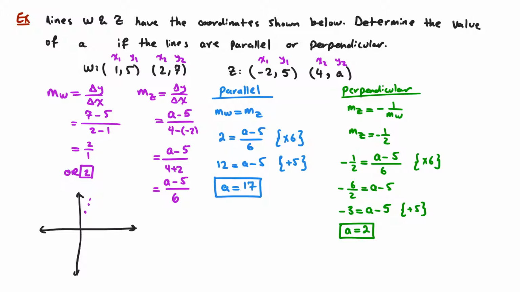So if I pass a line through it, it will look something like this. And for my line Z, I know that one of the points, I'll do that with blue, one of the points is (-2, 5). So (-2, 5) is somewhere here.